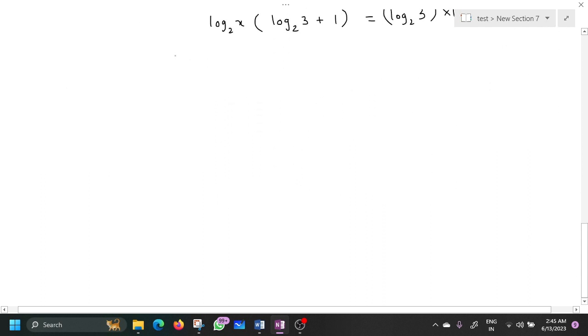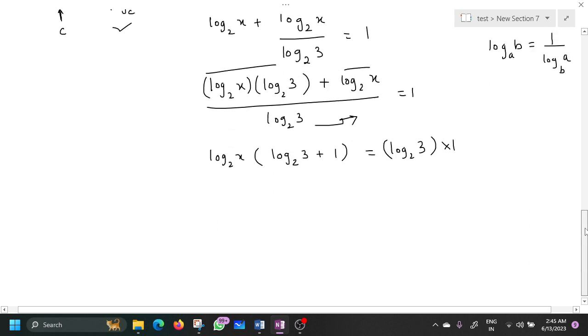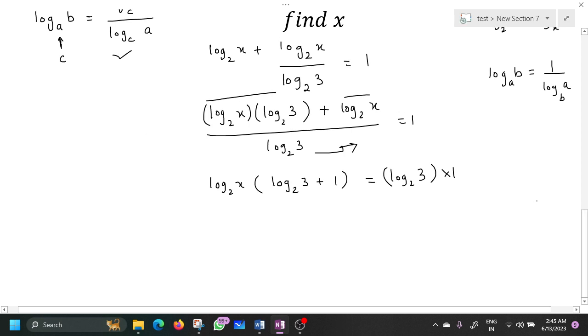Now I am going to use one more thing, which is that log of the same number to any base is 1. So we can replace 1 by this quantity here.